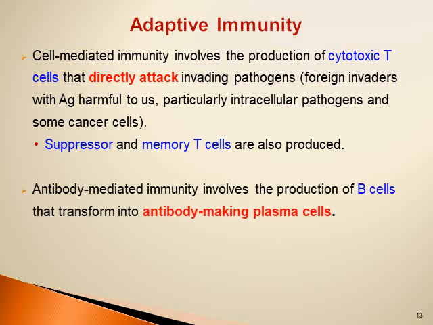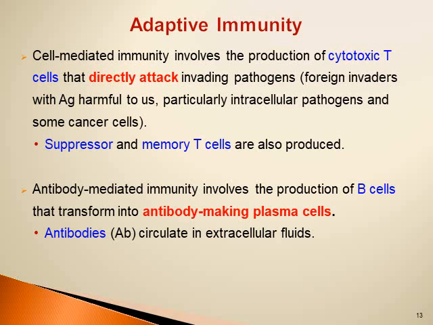The other arm of adaptive immunity is the antibody-mediated immunity that involves the production of B cells that transform into antibody-making plasma cells. Once activated, B cells will transform into plasma cells, and the plasma cells will produce and release different types of antibodies.